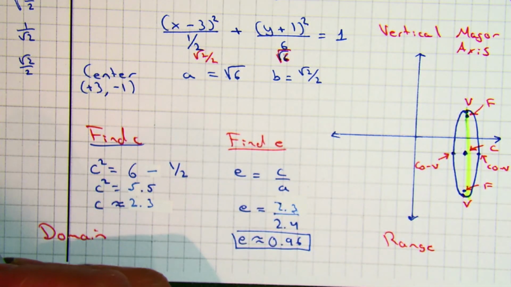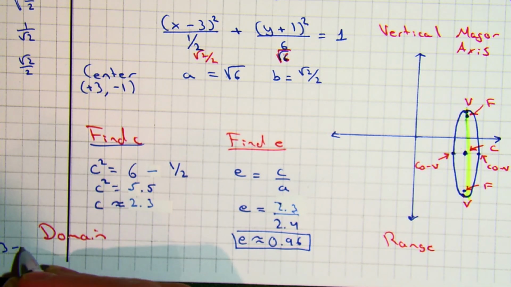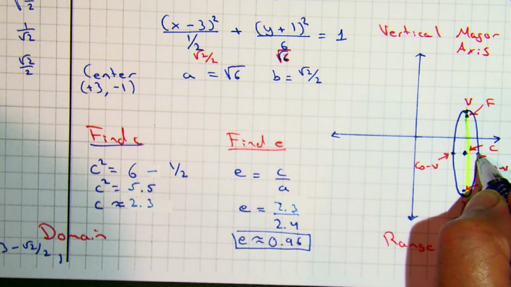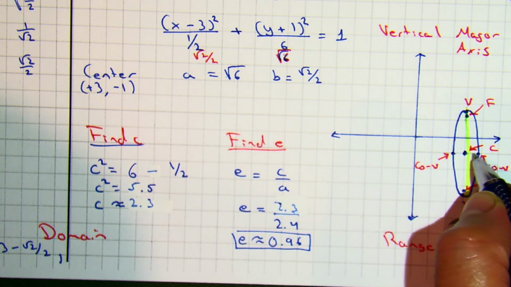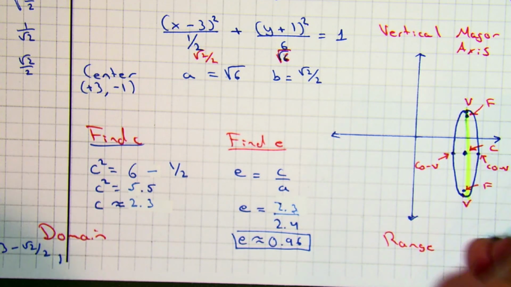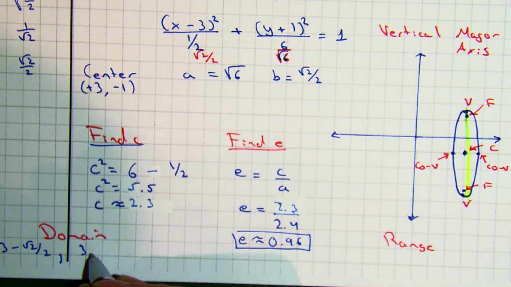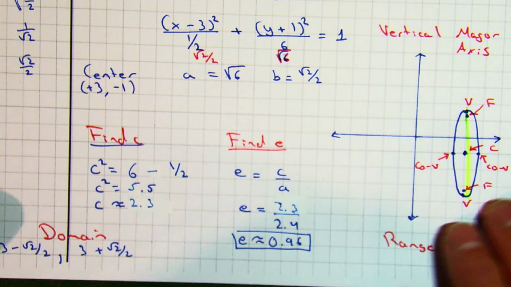So therefore, it'll be from 3 minus the square root of 2 over 2 all the way to this point, which will be 3 plus the square root of 2 over 2. And that is my domain.